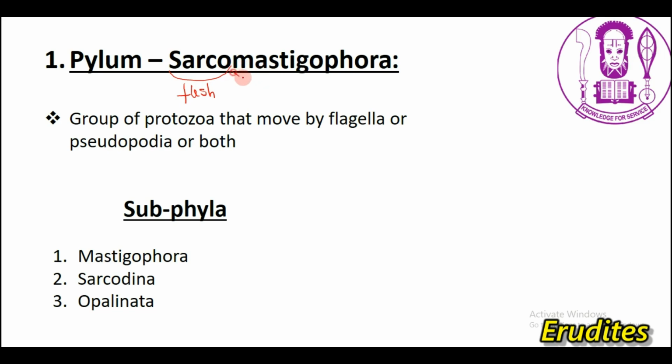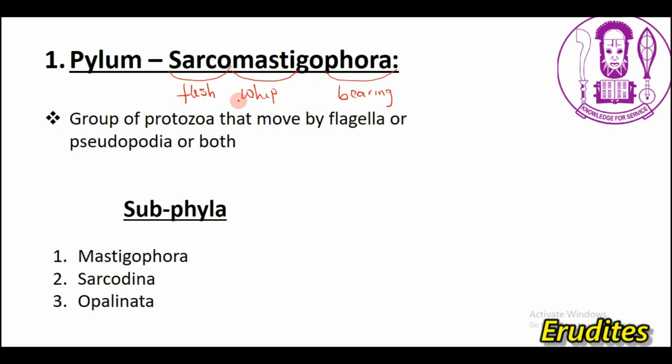The word mastis is derived from the Greek word and it means whip. And the word phora is derived from the Greek word and it means bearing. So if we put these three words together, the phylum Sarcomastigophora is a group of protozoa that move by flagella.